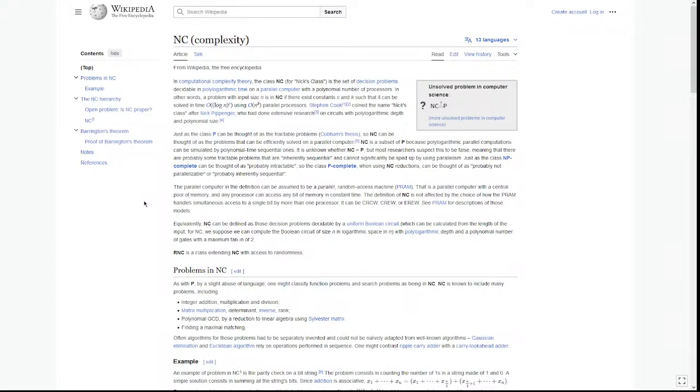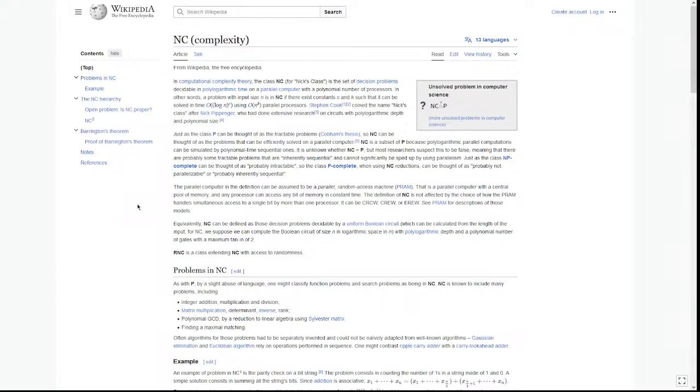Just as the class NP-complete can be thought of as probably intractable, so the class P-complete, when using NC reductions, can be thought of as probably not parallelizable, or probably inherently sequential.